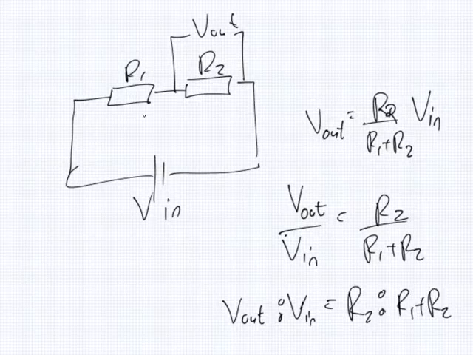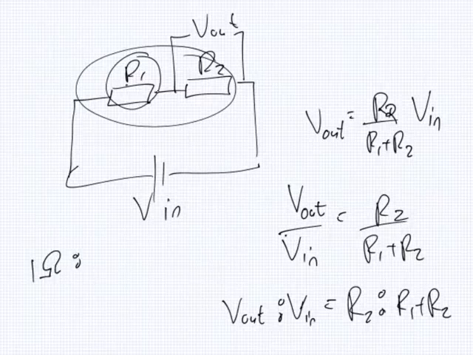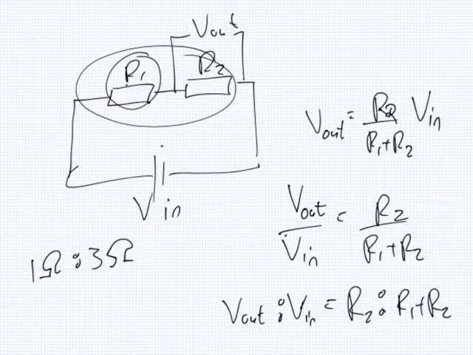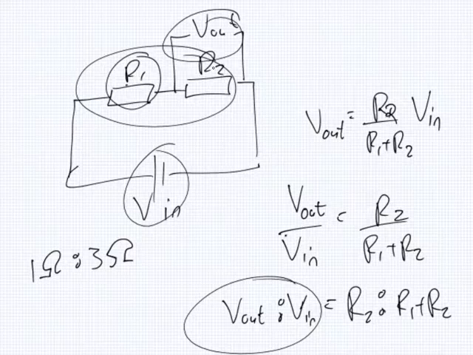So what I'm saying here is, let's say this compared with the total is something like 1 ohm compared with, let's say, a total of 3 ohms, then I know the output voltage and the input voltage will be in the same ratio. The relationship here and here is the same as the relationship between this one and these two.